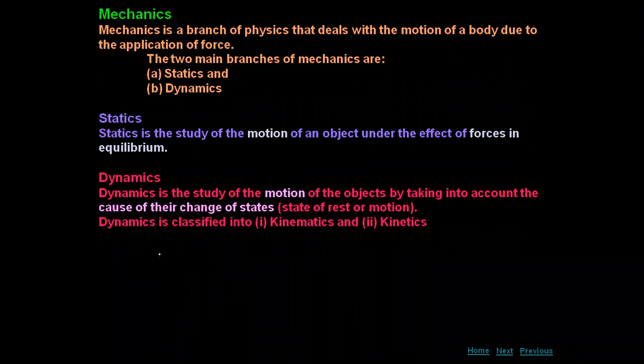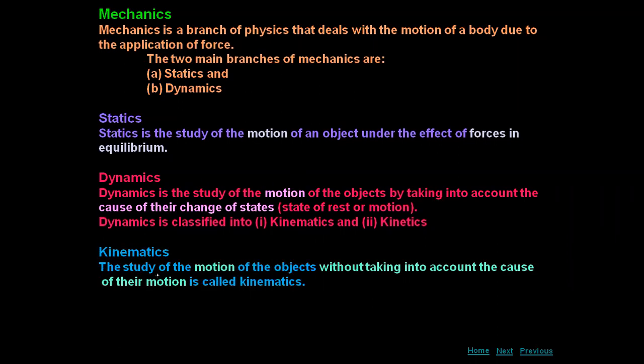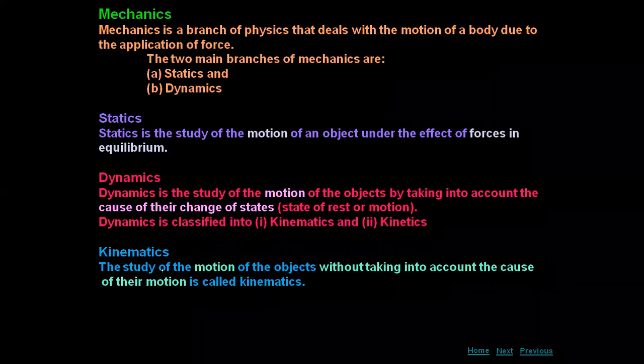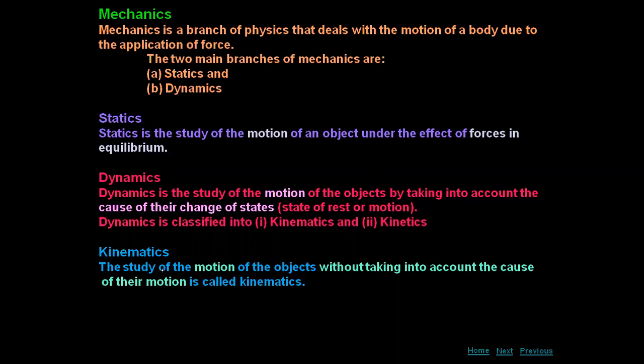And dynamics is classified into two categories, kinematics and kinetics. Kinematics is the study of motion of the object without taking into account the cause of their motion. So the study of the motion of the object without taking into account the cause of their motion is called kinematics.